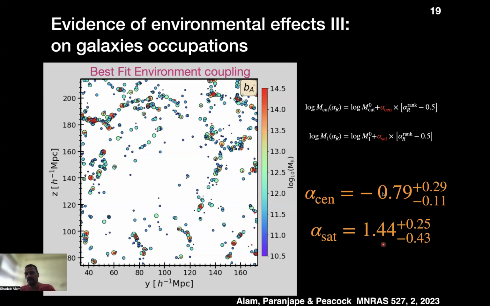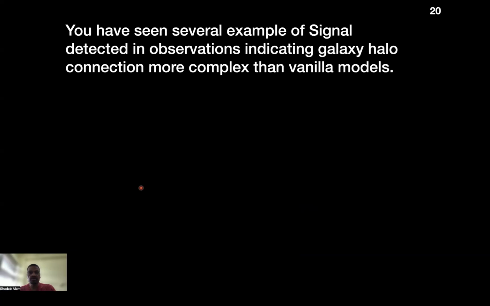These are the values of the parameters, and overall it's about a 3 sigma detection of the correlation between tidal environment and the occupation number of central and satellite galaxies for the low redshift, deep sample. Now, you have seen several examples of signals detected in observations indicating that the galaxy halo connection is more complex than vanilla.